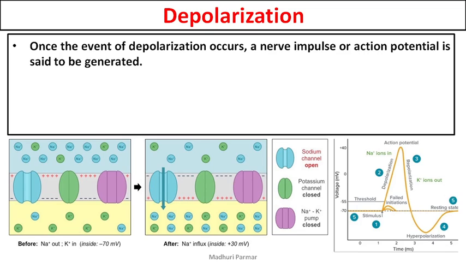How is this action potential or nerve impulse generated? The generation will happen by depolarization. Polarization, you know, polarized means there is a difference between the two charges, between the two sides, between the two ends. Depolarization means now there will be no difference between the two. That is what the name tries to tell.